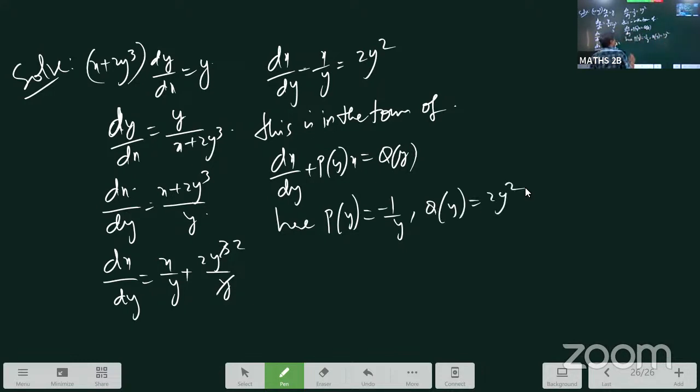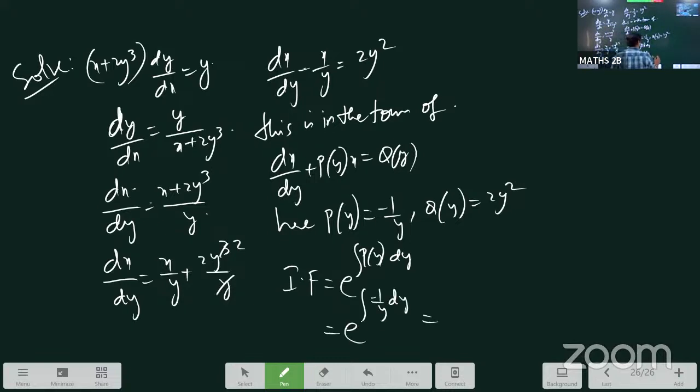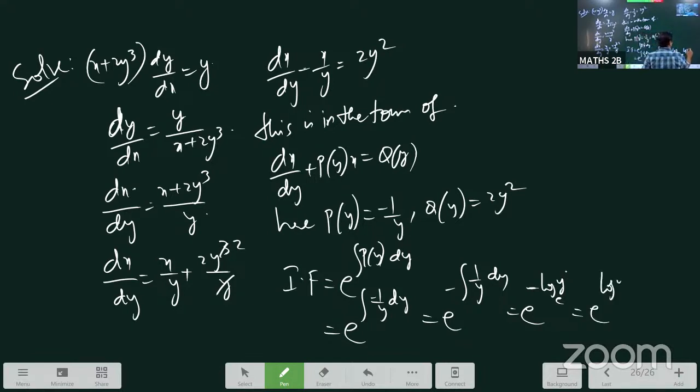Now the integrating factor: e to the power integration of p of y dy, e to the power integration of minus 1 by y dy, e to the power minus integration of 1 by y dy. E to the power minus log y to the base e. According to logarithmic properties, this minus will come as a power of y. E to the power log y inverse to the base e, that is y inverse, which is 1 by y. So we got our integrating factor, correct?